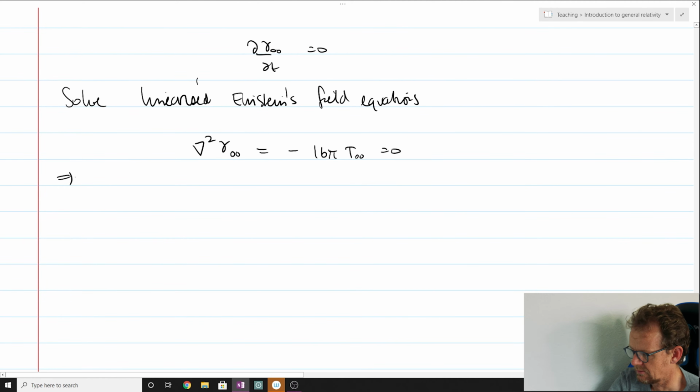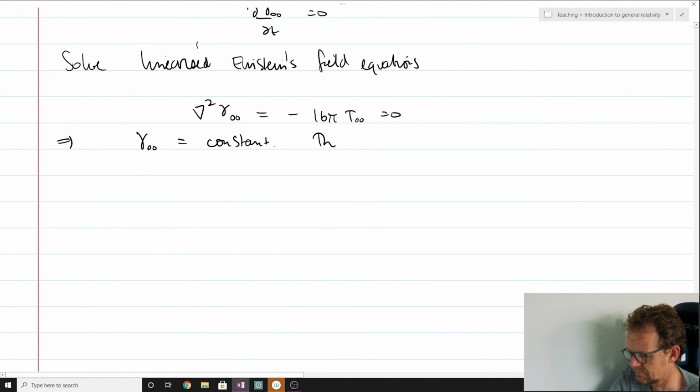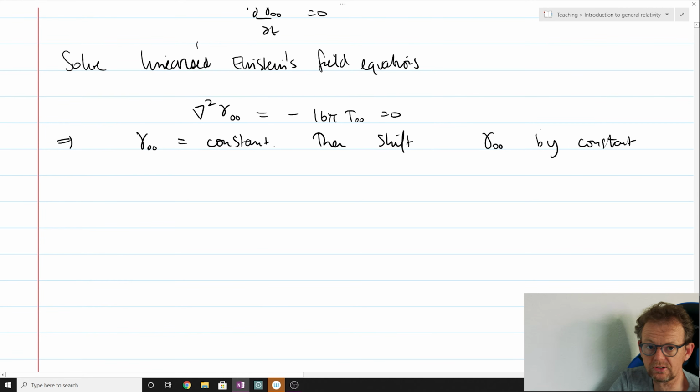But that tells us there's only one globally valid solution to that equation, and that is that gamma naught naught is a constant. And we can shift gamma naught naught by that constant, and that doesn't contradict any previous equations. So we can assume further that gamma naught naught is constant only in the case where the entire universe is devoid of matter.